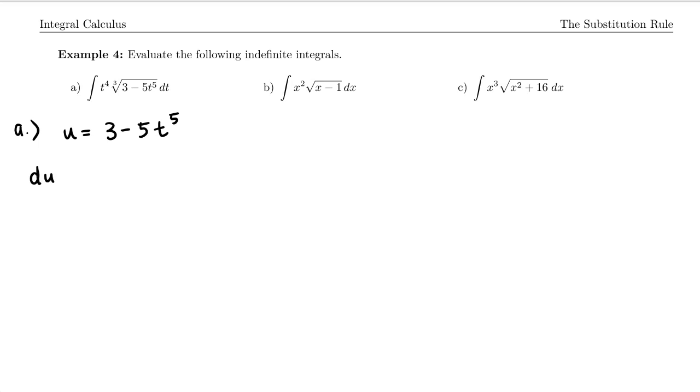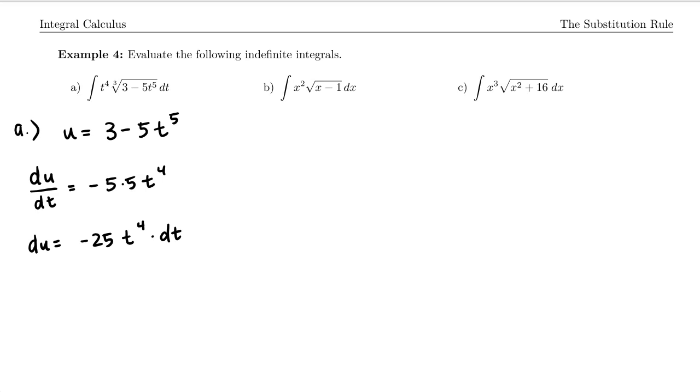So I'm going to have du dt equals, using the power rule, negative 5 times 5t to the fourth power, and I'm also going to solve for du. So negative 5 times 5 is negative 25 t to the fourth power times dt.